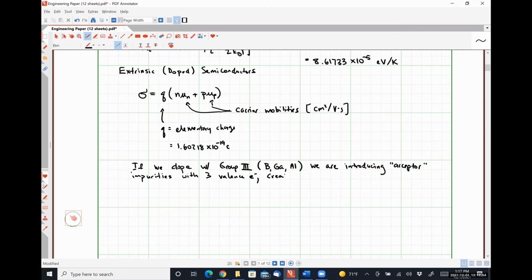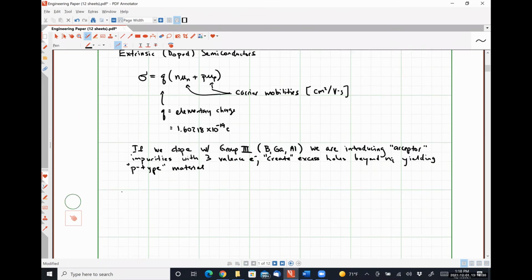And they create excess holes beyond Ni, our intrinsic carrier concentration, yielding p-type material.